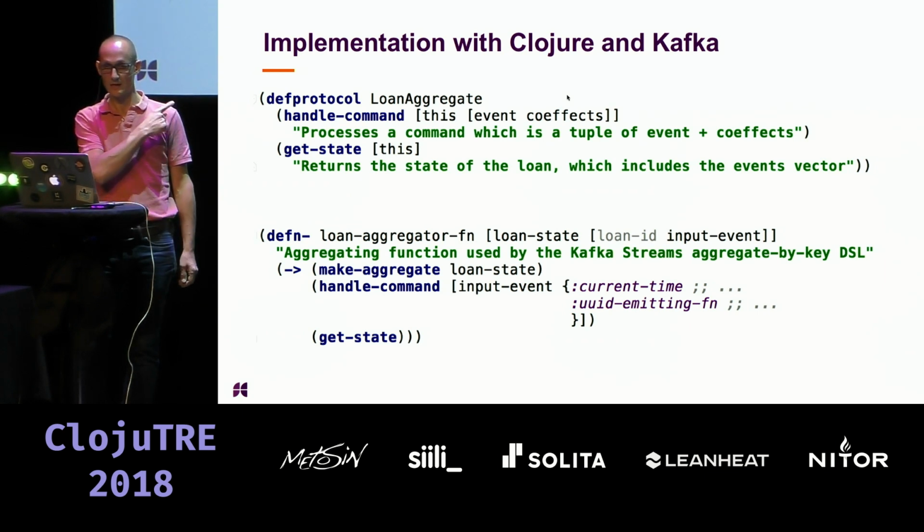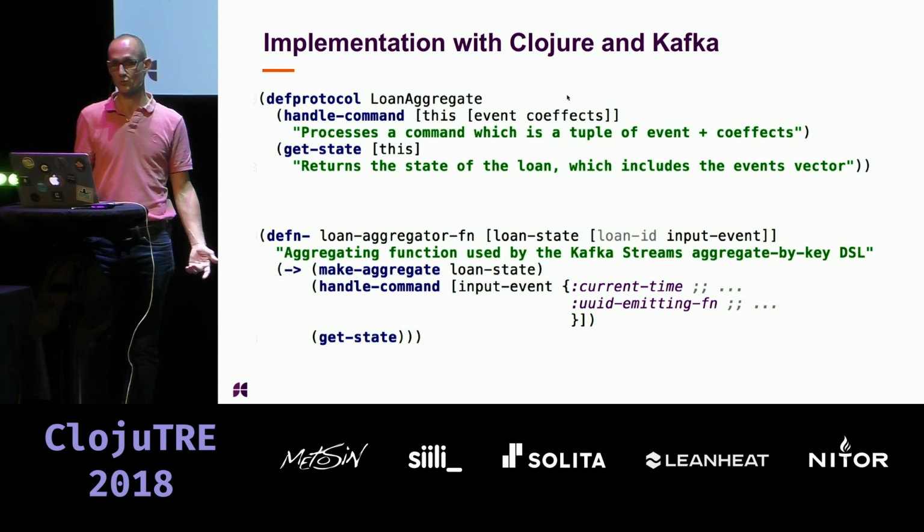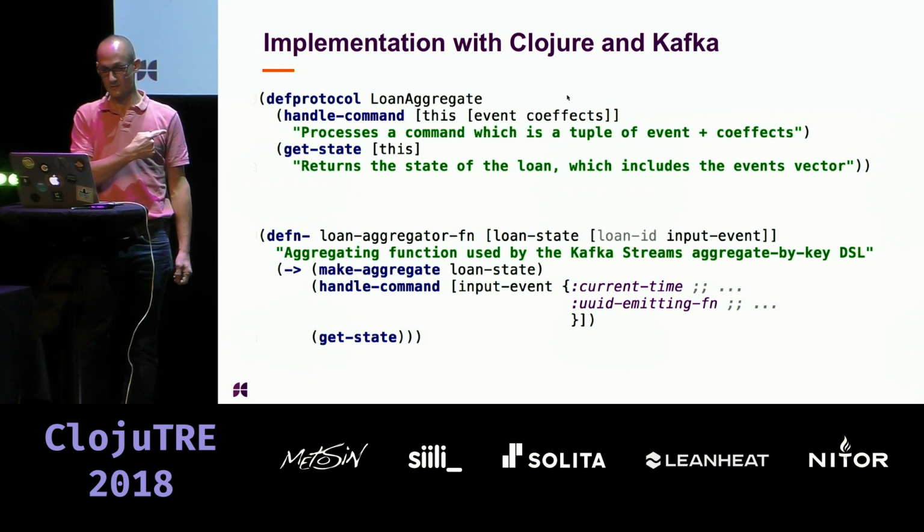And this function actually has this signature. So you pass it the state, and you pass it a Kafka Stream record. So in our case, the record is just the loan ID and the event that we want to react upon. And so the whole function is just those 3 lines, right? So create the aggregate from the loan state.